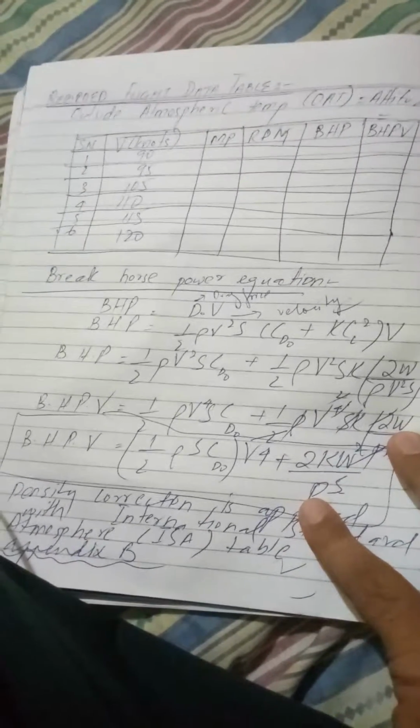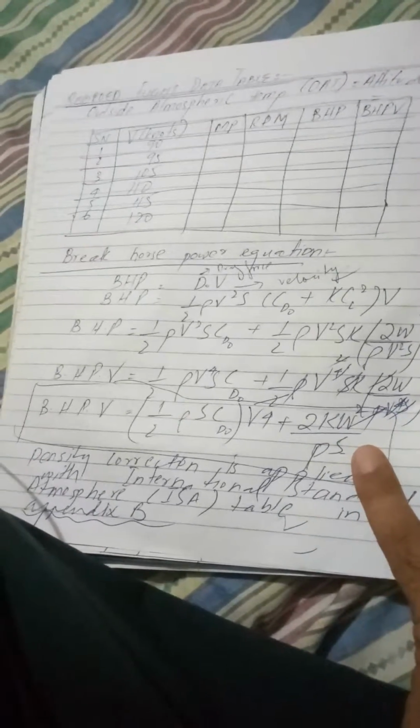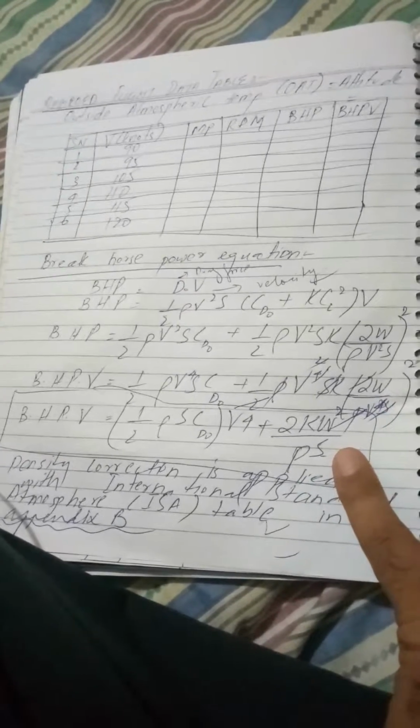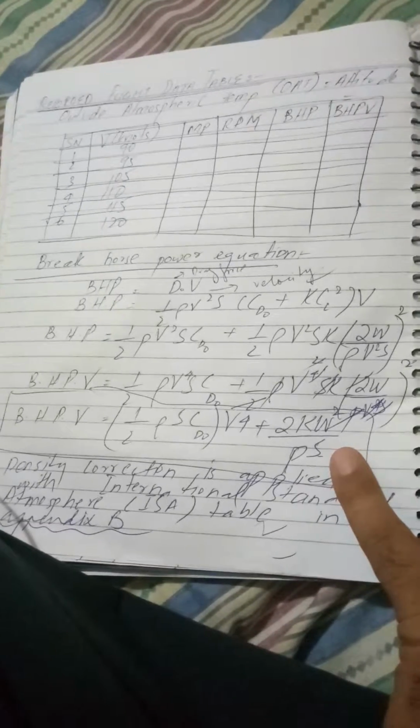Okay, so this is how you're going to do it. The brake horsepower equation is in front of you. Brake horsepower is drag force multiplied by velocity. That is the equation.